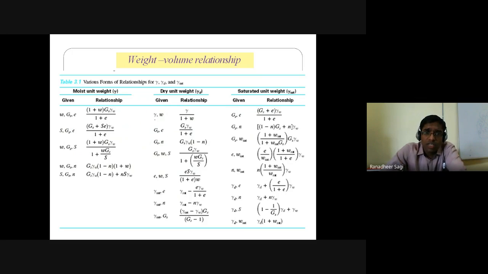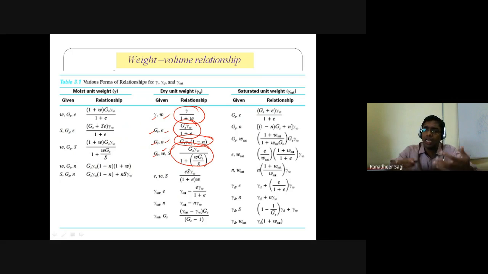Do I know the bulk unit weight of the soil and water content? Or do I know the specific gravity of the soil solids and the void ratio of that soil? Or do I know the specific gravity of the soil solids and the porosity value of the soil? Or do I know the specific gravity of the soil solids and water content and degree of saturation of that particular soil? So based on what data you know, you will be using the corresponding relation to find out the dry unit weight of the soil.